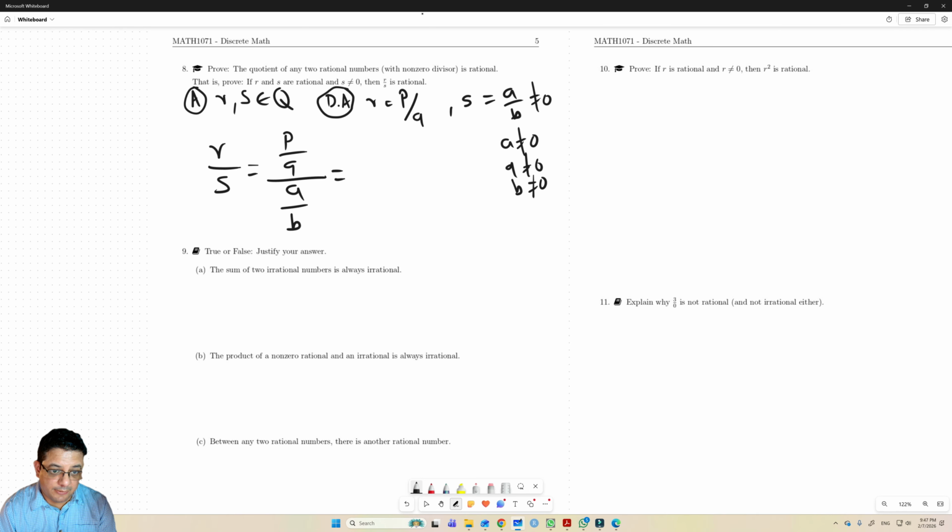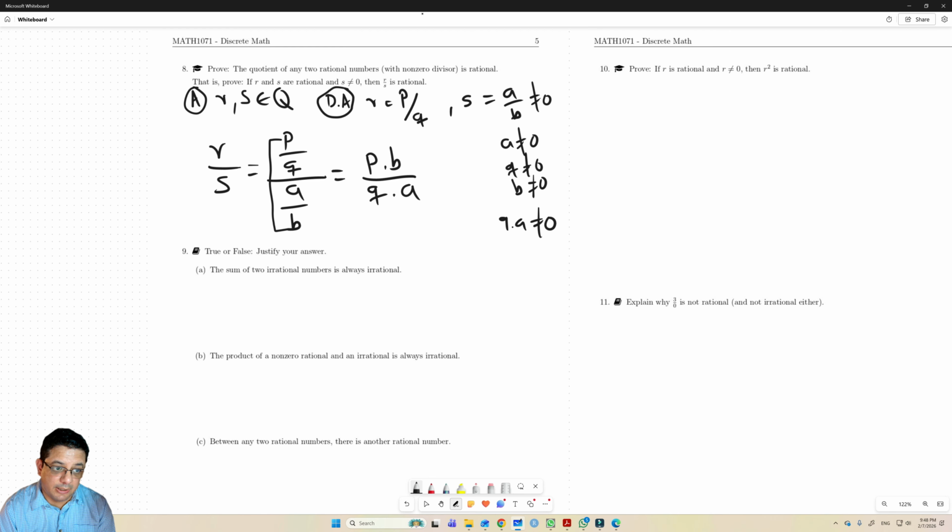We can simplify this by multiplying the fractions in the middle. So remember that by properties of the division of a fraction, this is P times B over Q times A. Okay. And now, because we have that Q and A are different from 0, then Q times A is going to be different from 0.